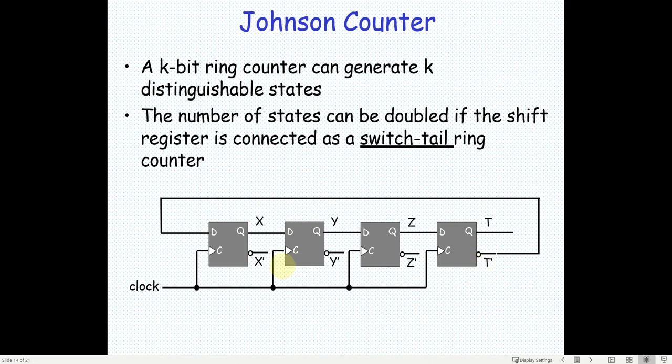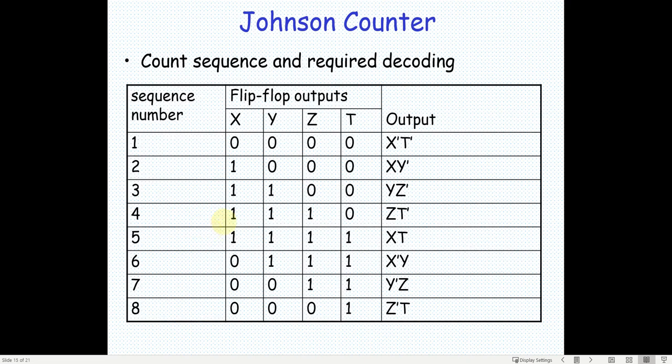In the Johnson counter, the only thing is, instead of giving Q into D, we are giving Q bar into the D. By doing so, what is happening is, if you see these counts, you have 0001, then the 1 comes here, then it becomes 0011. Again 1 is being fed here, so it becomes 0111 here. Again a 1 coming here.